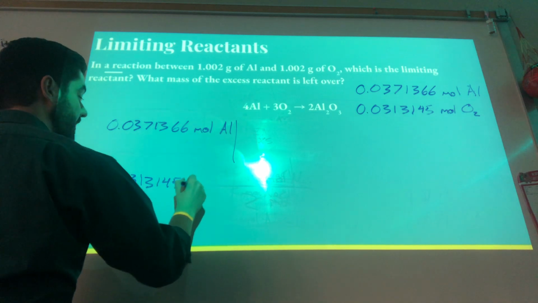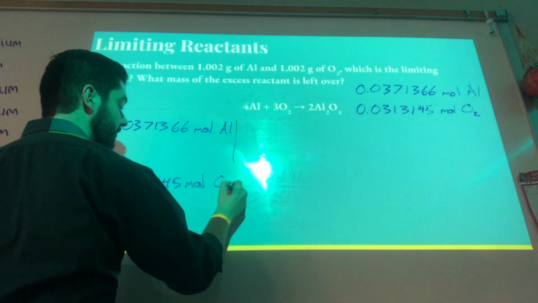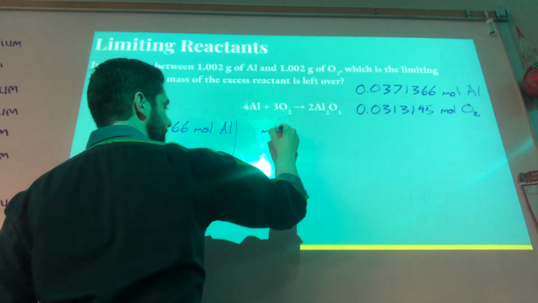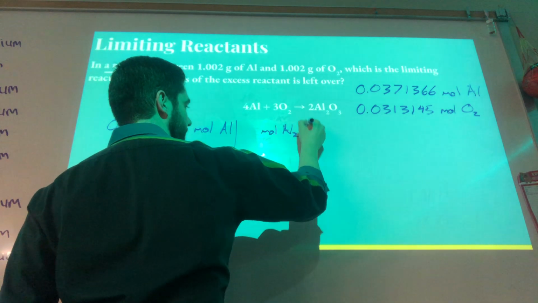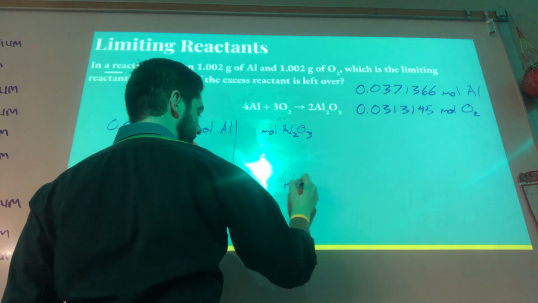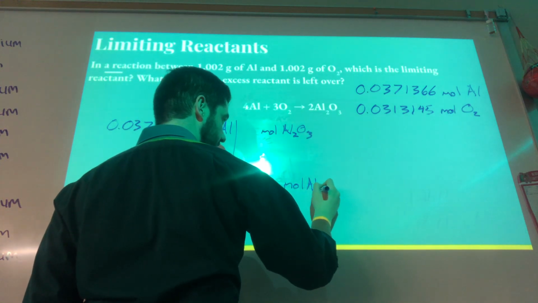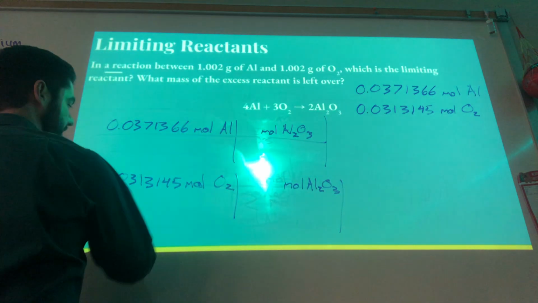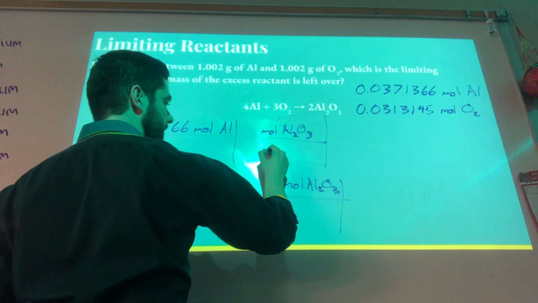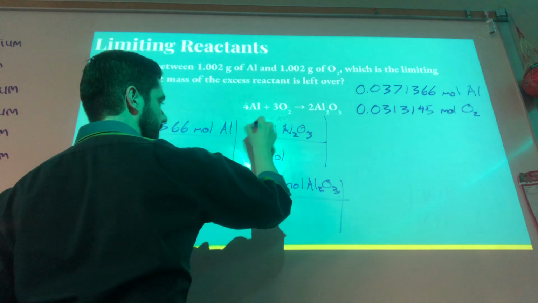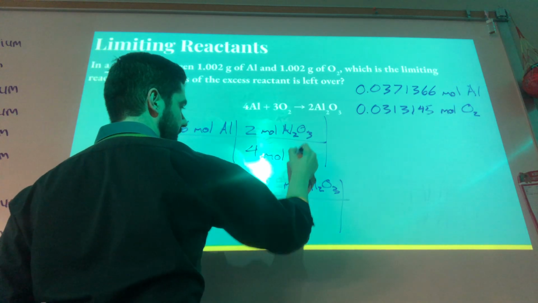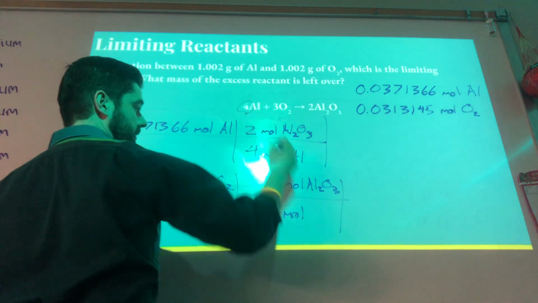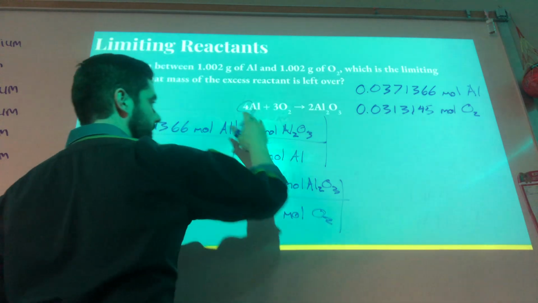Al2O3. Yes, because I need to calculate the theoretical yield for each one. So I'm gonna go to moles of aluminum oxide. Figure out how much we would make theoretically if I could use it all up. So 2 moles of Al2O3 over 4 moles of aluminum. Sorry, I meant 4.